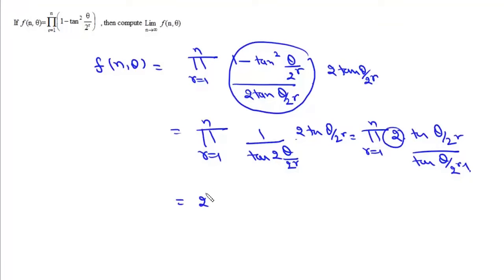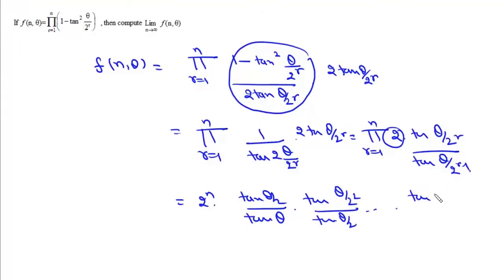So that will be simply 2 to the power n. Now here if we put r as 1, it will be this tan theta by 2 upon tan theta. Now for r equals 2, it will be tan theta upon 2 square upon tan theta upon 2, and we'll continue up to tan theta upon 2 to the power n upon tan theta upon 2 to the power n minus 1.